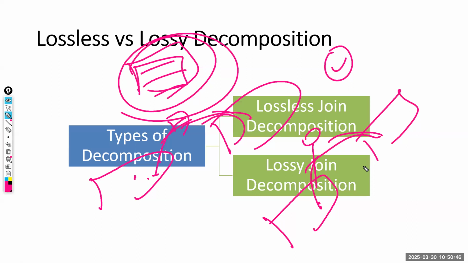So every time you break a table into multiple tables, you need to make sure that you break it in a lossless manner. Otherwise, you destroy your data integrity. So what is the context here? Breaking tables into multiple tables.